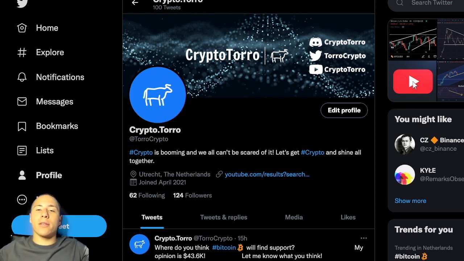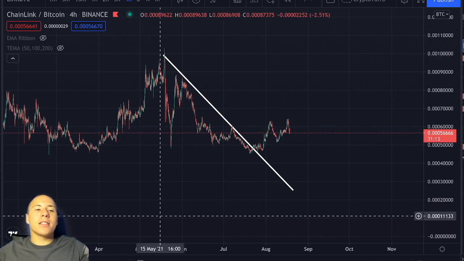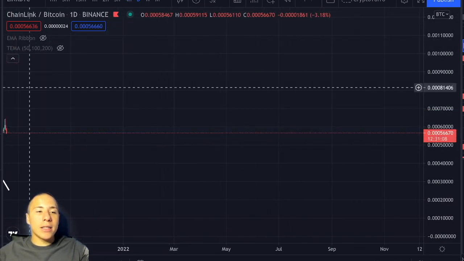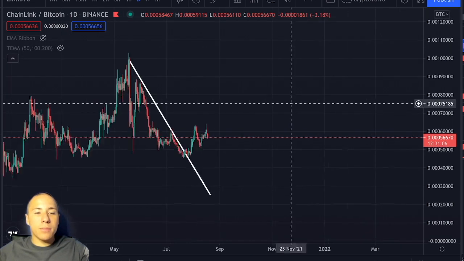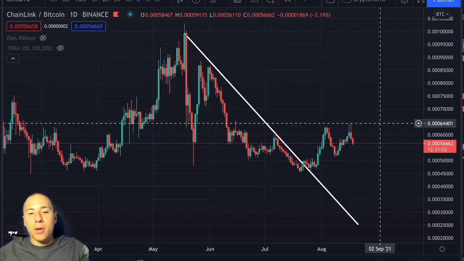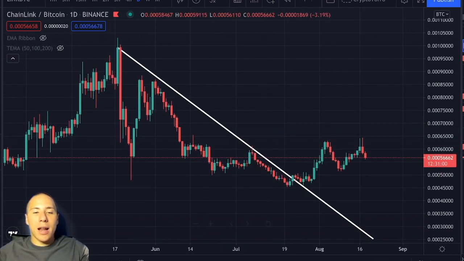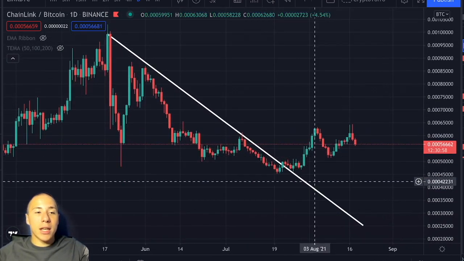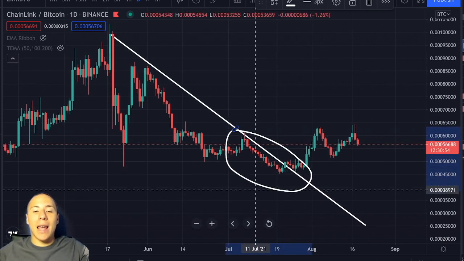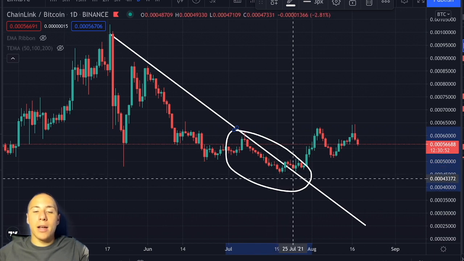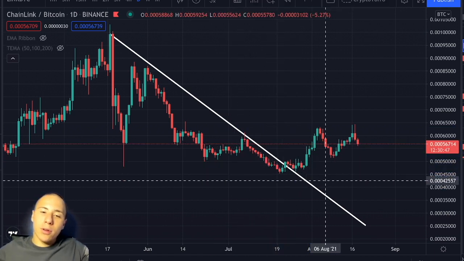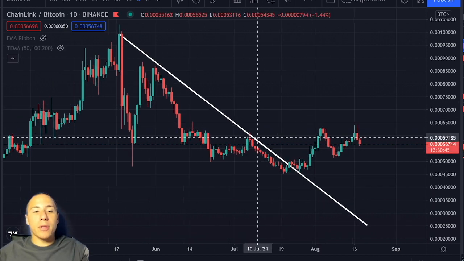So let's get started. If we take a look at the Chainlink compared to Bitcoin chart on the daily time frame, you can clearly see that we are being able to break above this downward sloping resistance. That was a major level of resistance for quite a while, especially during this period of time when Chainlink was not able to break above it, and we saw this downtrend going on right underneath this downward sloping resistance line.